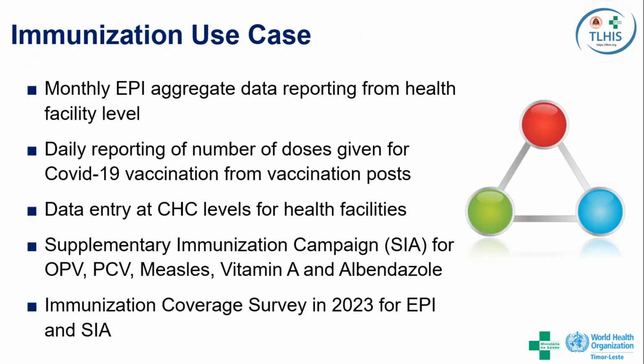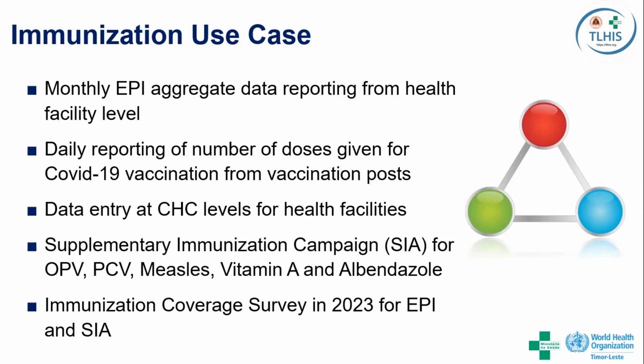This data entry is done at community health center level for all the health facilities, mainly because of communication challenges; we have some internet issues in the smaller health posts and other health facilities. So the community health centers are the main point of data capturing in Timor-Leste.